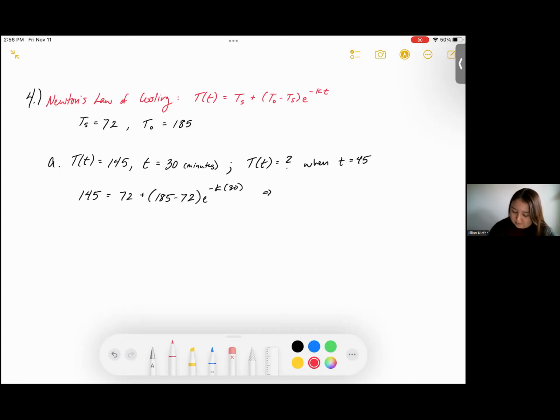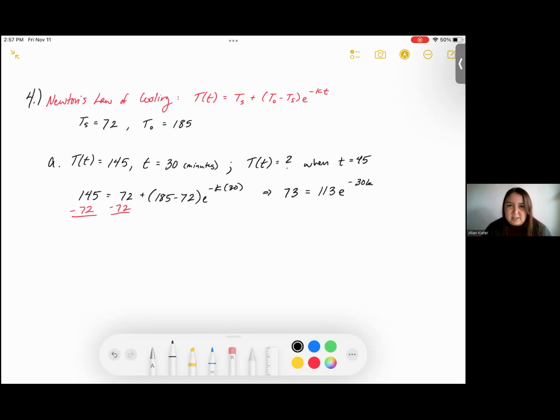So we can go ahead and subtract 72 from both sides. We want to start chipping away at our functions here. So this would give us 145 minus 72, which is 73, is equal to 185 minus 72, which is 113, times e to the power of negative 30k. You could still have it say negative k times 30 if you'd like.